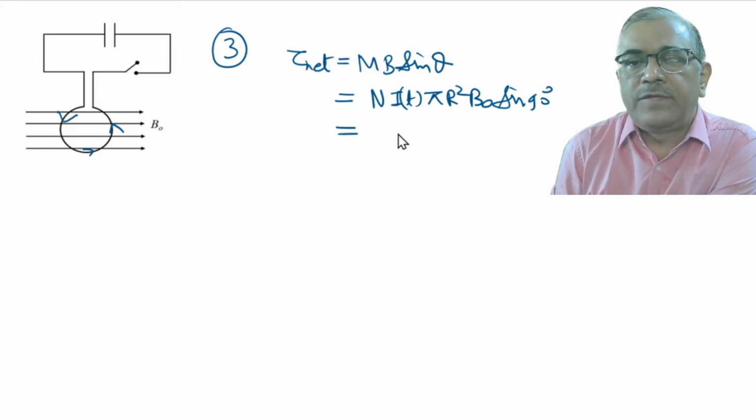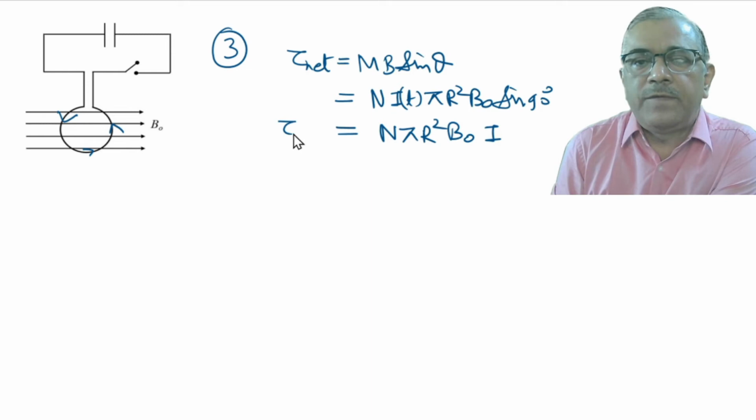So this can be rewritten as N into pi r square, B naught into I. This is tau net at time t.